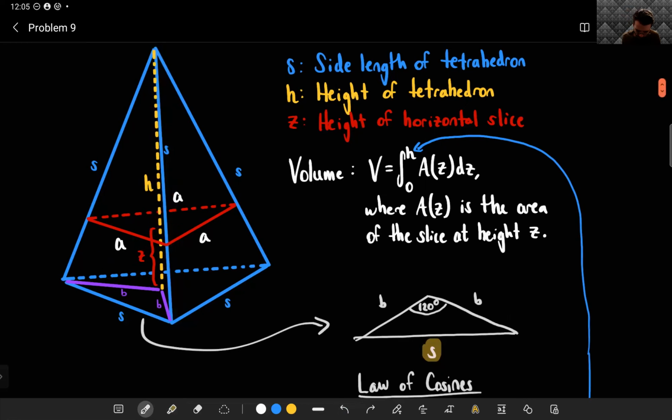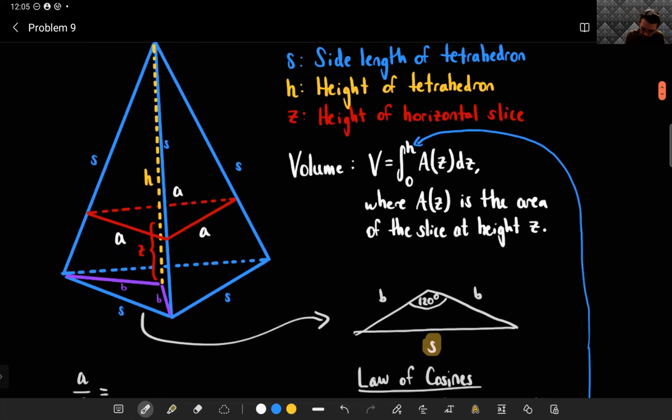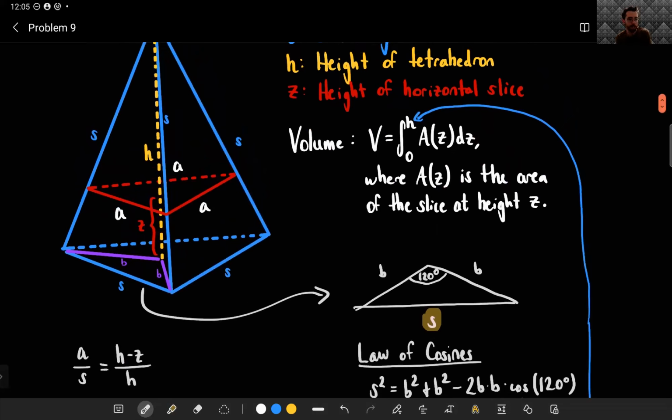So writing that as a formula, maybe I'll just put it right here. A is to S as, well, what is this altitude, the distance from the top of the tetrahedron to that red triangle? Well, if the full distance is h and this distance is z, then it's just h minus z. So h minus z over the full height, right?